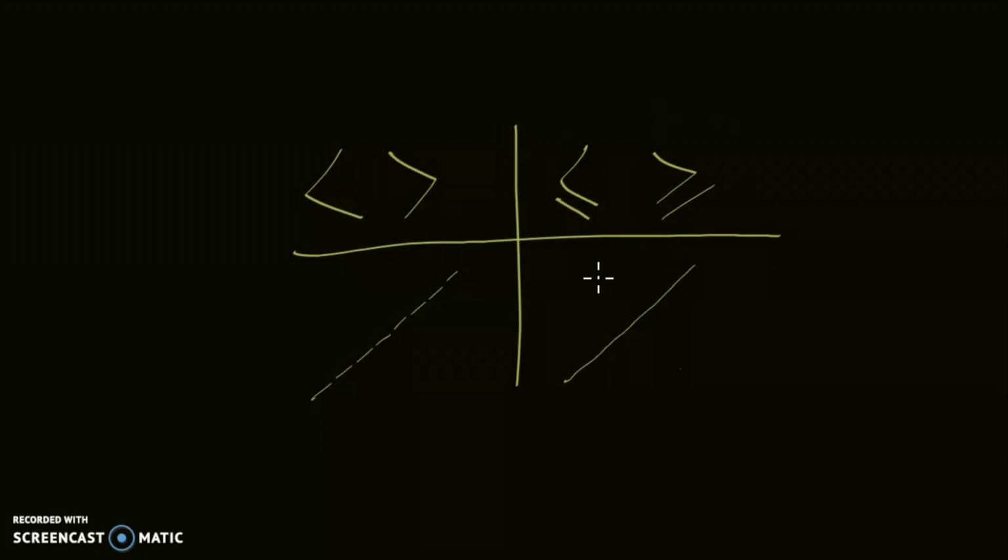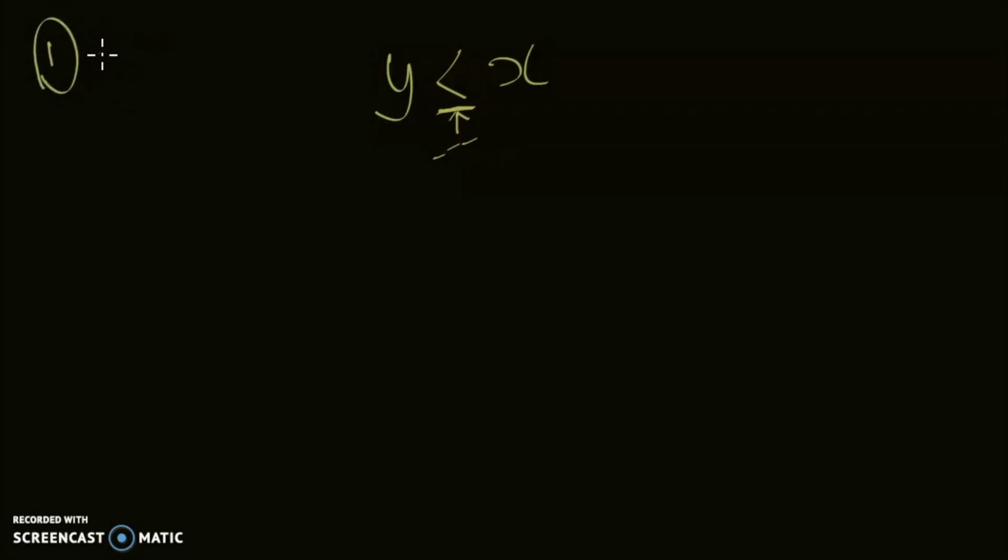Okay, so now let's go into our first example. We have the inequality y is smaller than x. The first thing you want to notice is just the smaller than. So we know that in the graph we have to use a dotted line. So the first step is to find the root equation.